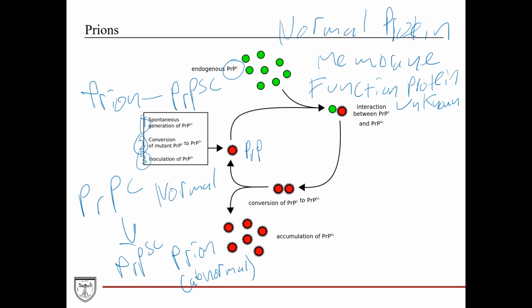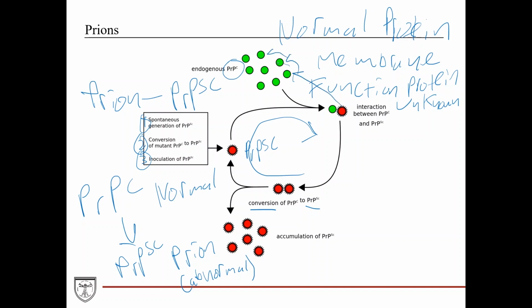So you have PrPSc here in red, and then normal PrPC here. It interacts with the normal PrPC and induces changes in the secondary structure of that protein, and that's what converts it into a PrPSc. So now you have two of these. And this is a cycle that keeps going on. It keeps going to this one and eventually this one.